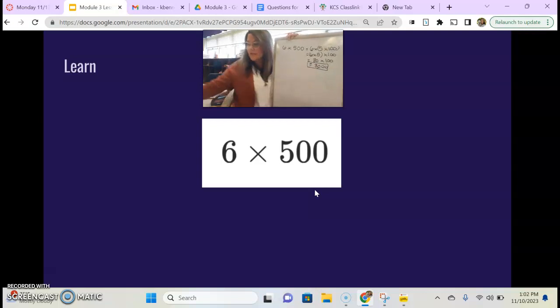You may see in your workbook where the equations are broken up for you to see the breakdown into place values, into the hundreds, thousands, or even just the tens place.